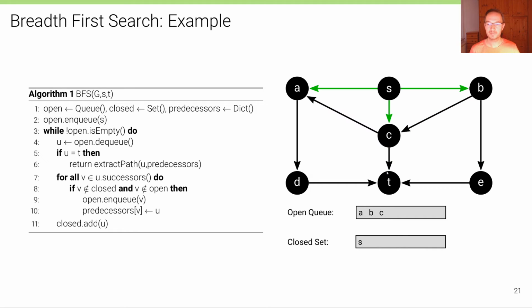While processing B, C was still in the open set, so I'm not going to add it to the open set again. And similarly, when I'm processing C, A is already in the open queue because I've added it to the open queue directly from S. So I'm not going to add it to the open queue again. This is the condition here in line 8. And that's why these two arrows here are red, right?